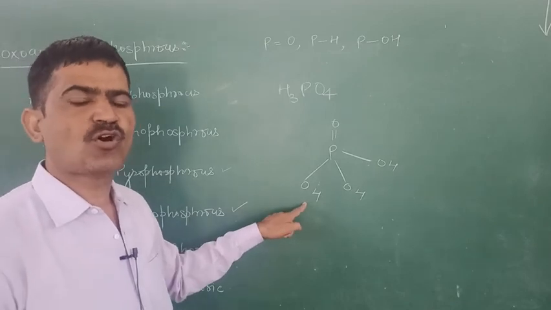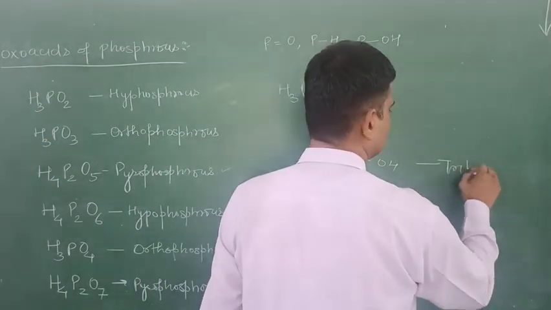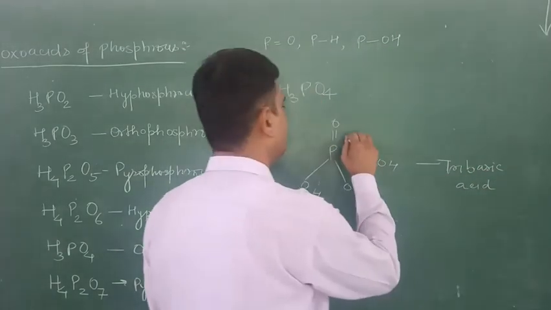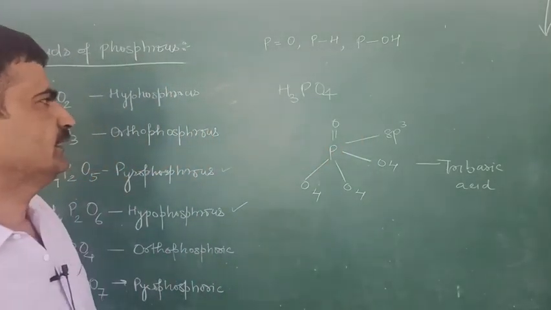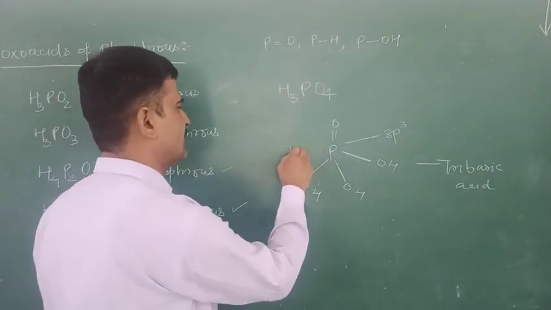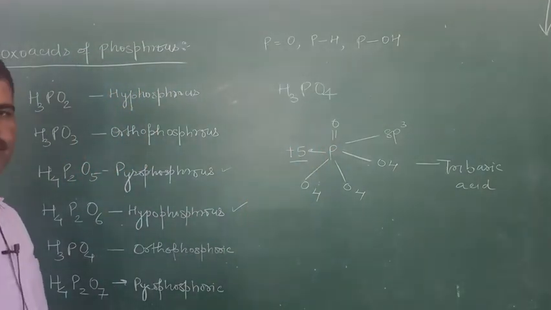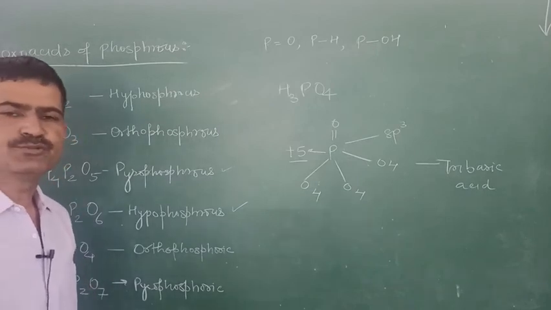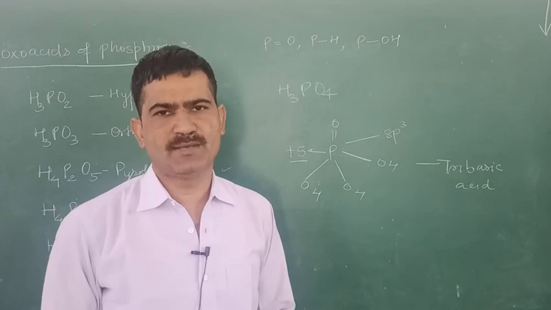So it is a strong acid. It is sp3 hybridized. What is the oxidation state? This phosphorus is in +5 oxidation state. Thus I taught you the structures, oxidation states, hybridizations, reducing nature and acidity. All these questions are asked in board exams.